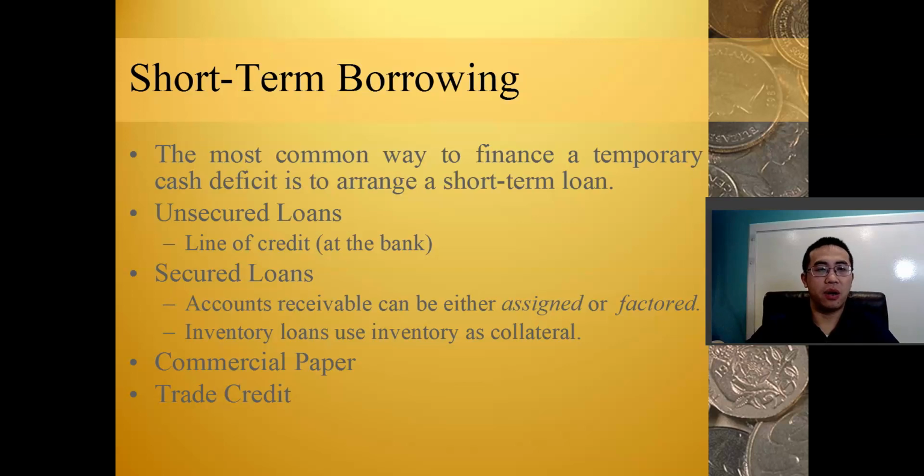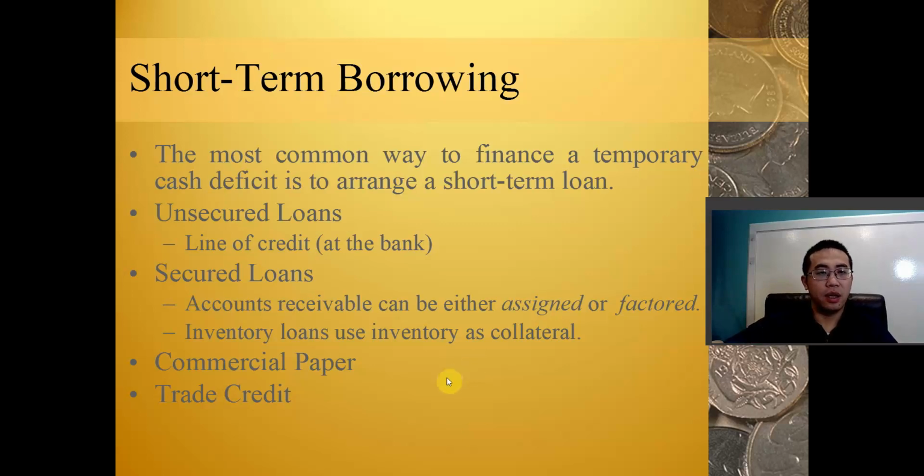You can borrow an unsecured loan, just a line of credit at the bank, or you can borrow a secured loan, which usually provides a collateral. If there is a collateral, that means the loan is secured. If just a credit, then it's usually unsecured.